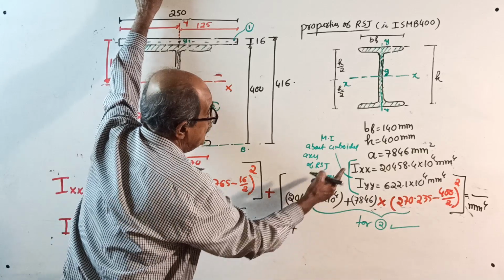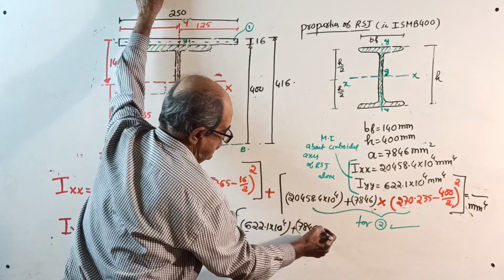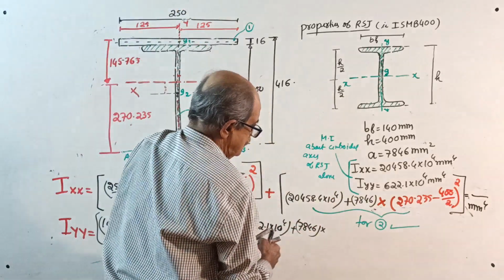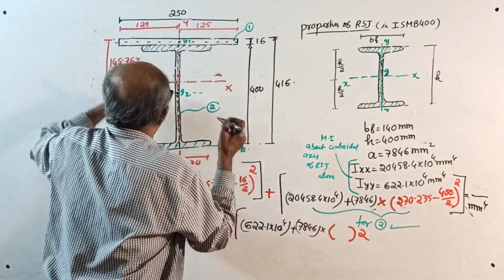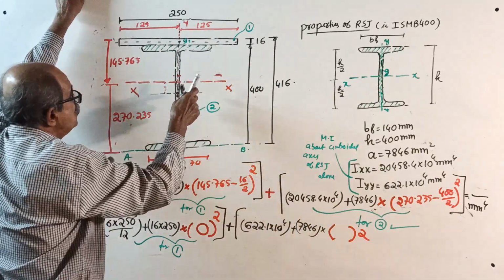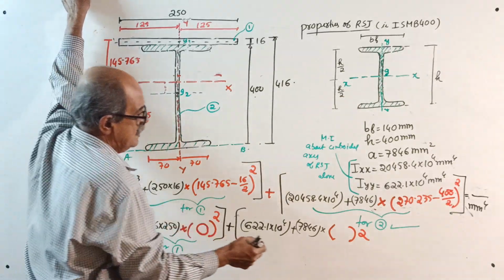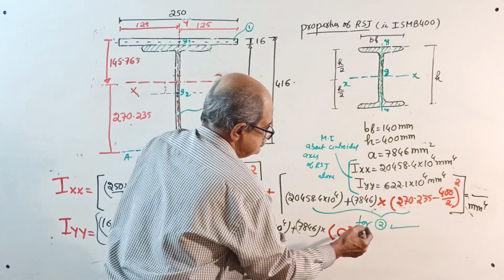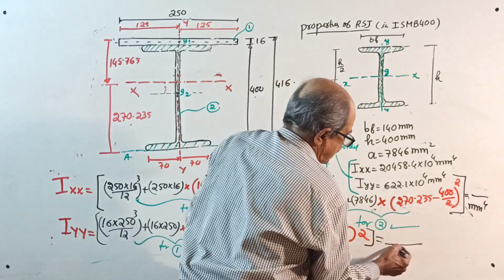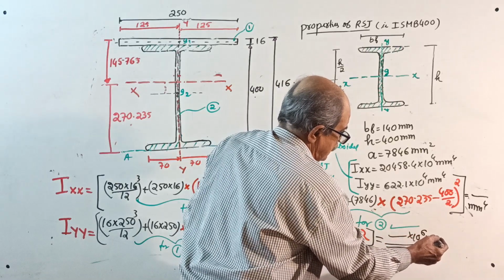IG plus area, 7846 is the area, into distance square from centroid G2 to YY. Centroid G2 also lies in YY, therefore 0 square. Close the bracket. Calculate the answer, preferably some 10 to the power 6 millimeter power 4.